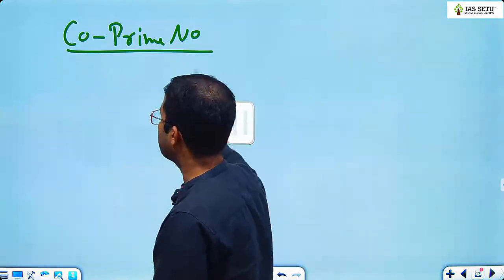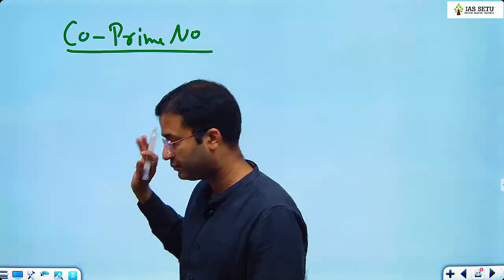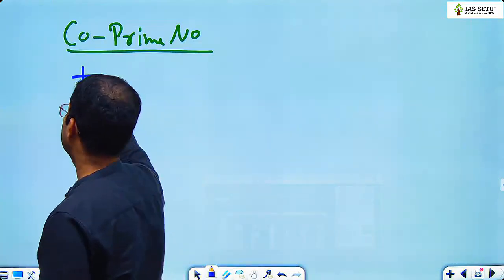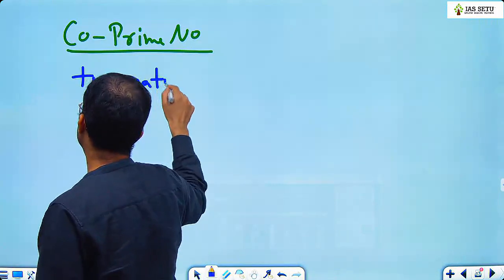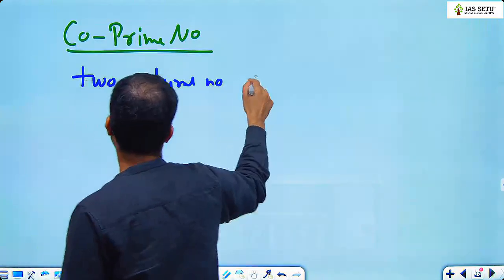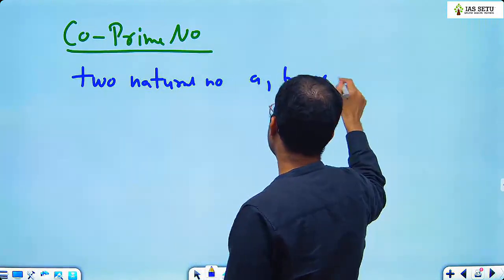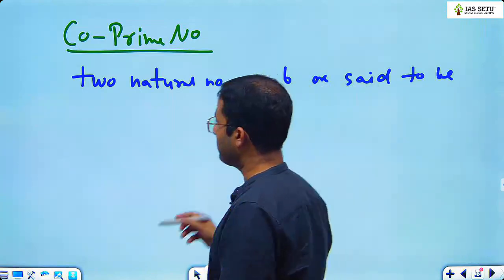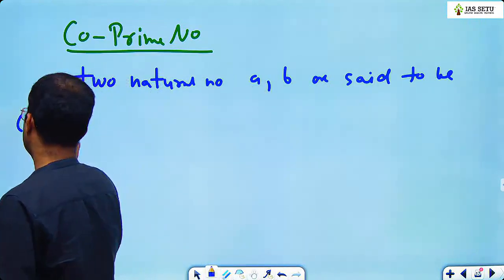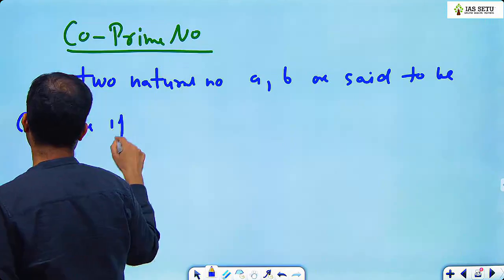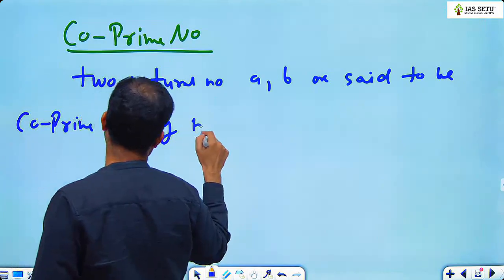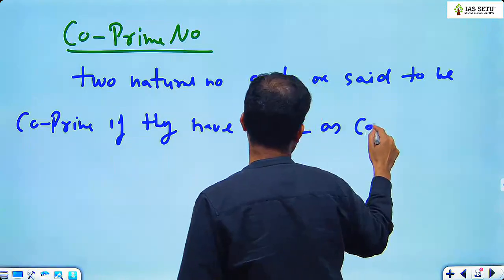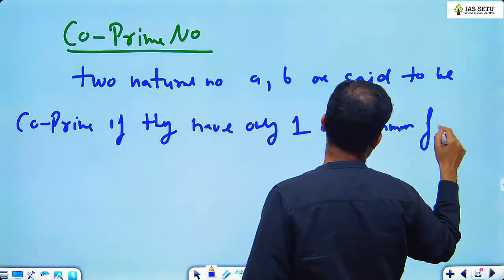See here, first I tell you what is the definition of co-prime. ठीक है, 2 नेचुरल नंबर लिख लो. A and B are said to be co-prime if they have only one as common factor.